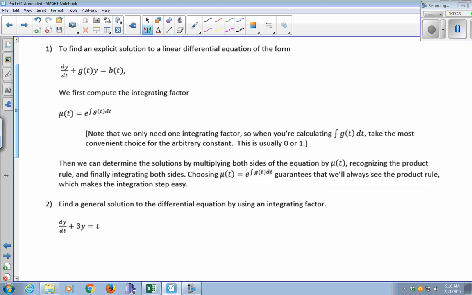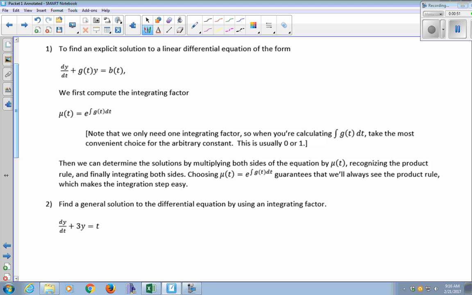Okay, so to find an explicit solution to a linear differential equation, I moved the y term to the left here. First, you compute something called an integrating factor, mu of t, by doing e to the integral of g of t dt, where g of t is the t stuff that's attached to y.